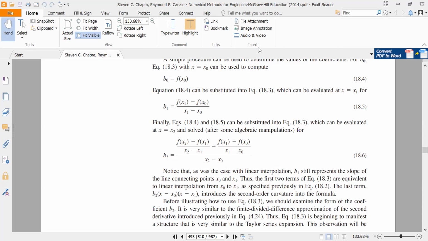Then the interpolating polynomial will be a second order interpolation. Then how to calculate it? Because you see that in this case, you need not solve any simultaneous equations. If we have data points available, then we can easily calculate equation 18.5 and then equation 18.6.